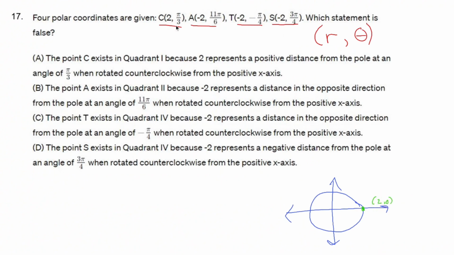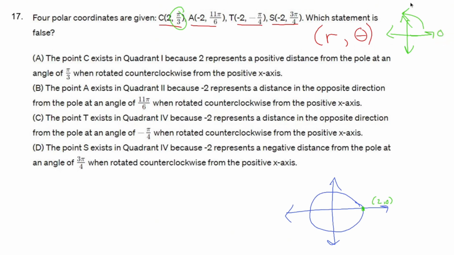Now, if I were to graph 2, I make sure that I know that the length of my line, or the point rather, is going to be 2 units away from the center, also called the pole. Now, this angle gives me a direction going counterclockwise from the positive x-axis. So you're basically going this way starting here.